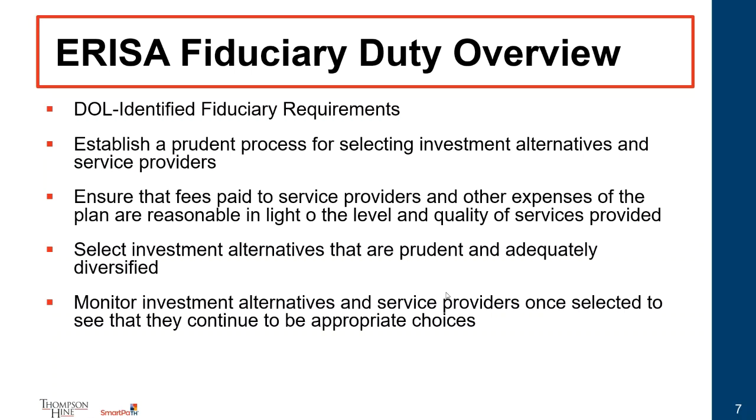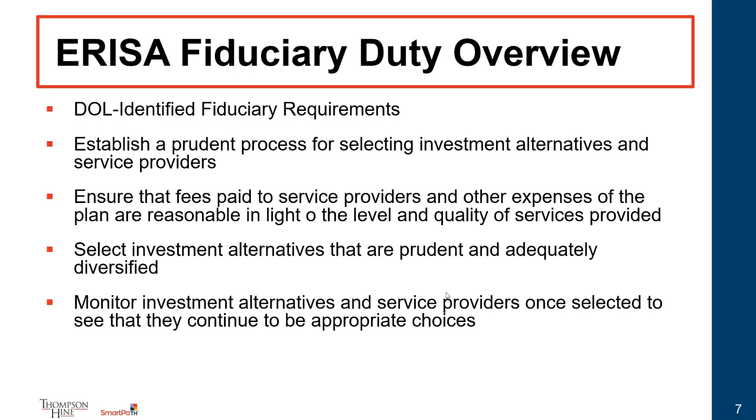Now we get into, well, what does ERISA say about these fiduciary duties? What do you need to do? The broad base, what DOL has told us to date, is that these fiduciaries, the committee, need to have a prudent process for selecting investments and service providers, and ensure that fees paid to the service providers and recordkeepers and others are reasonable.